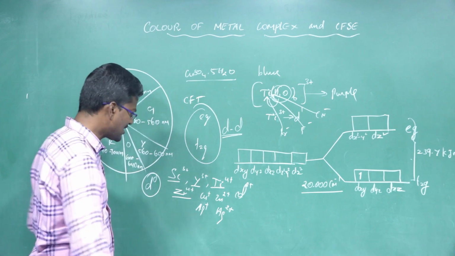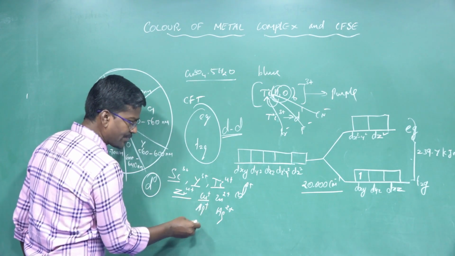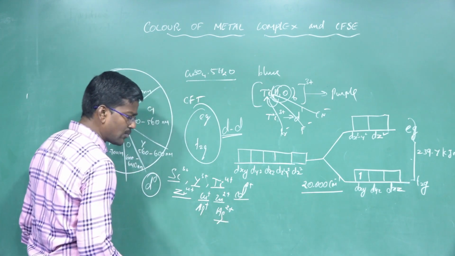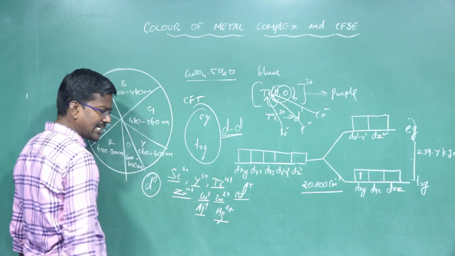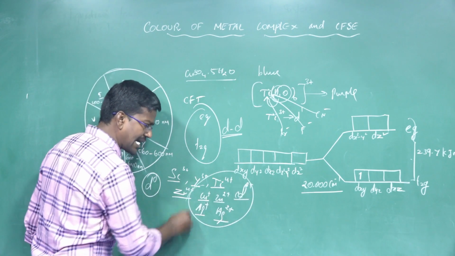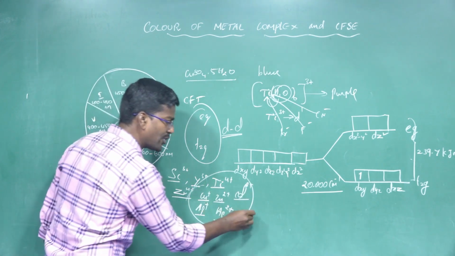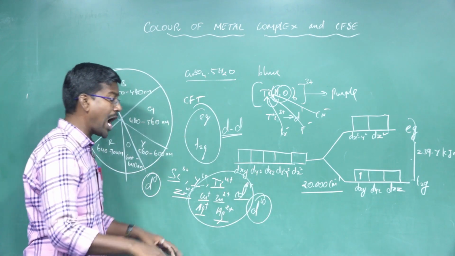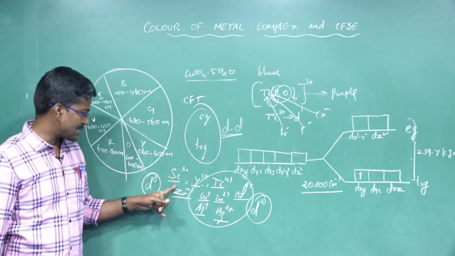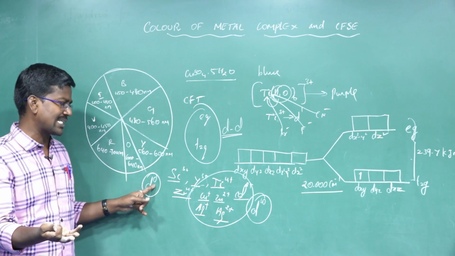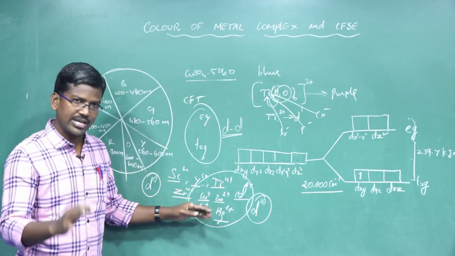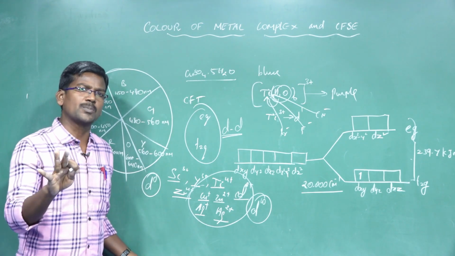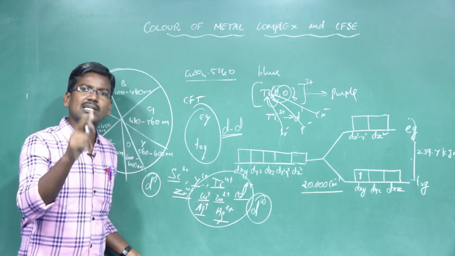Next, copper plus, zinc 2 plus, cadmium 2 plus, mercury 2 plus, and silver plus complexes are also colorless because of the completely filled d10 configuration. There are no unpaired electrons, so d-d transition is not possible.